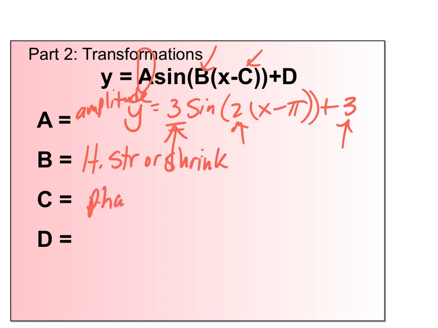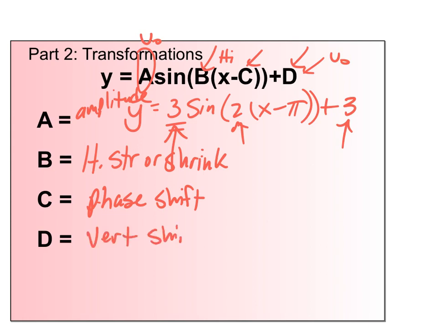It's called a phase shift in this unit. And this is vertical because it's on the outside. I've told my kids high, horizontal inside, and low, vertical on the outside. This one is the vertical shift, but it's also the midline.